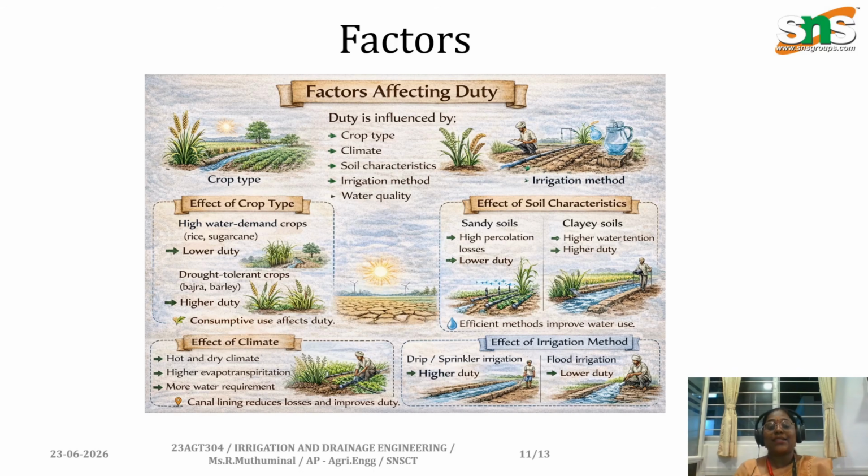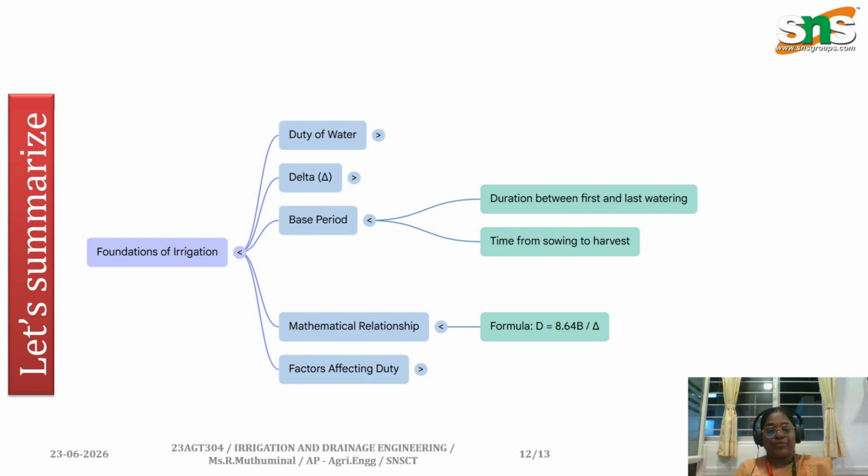Soil characteristics affect water retention. Sandy soils require frequent irrigation while clayey soils retain moisture for a longer duration. Rainfall, cultivation practices, topography and irrigation methods also influence duty. Modern irrigation methods like drip irrigation improve water use efficiency and increase the duty.